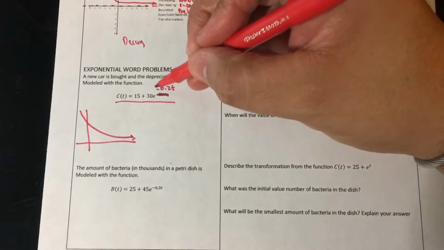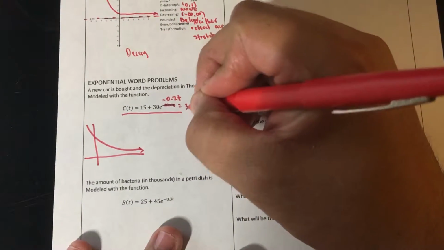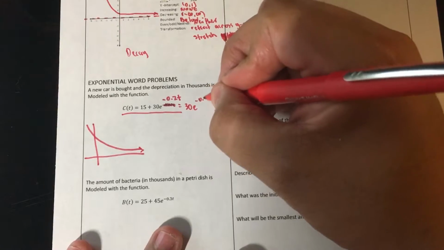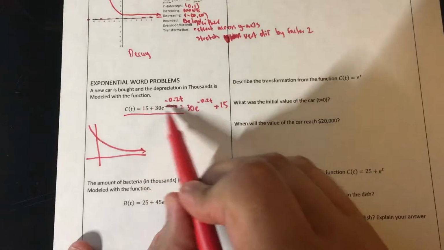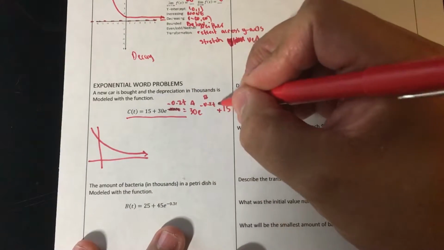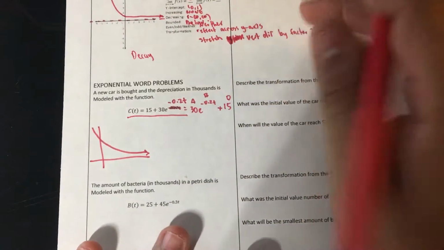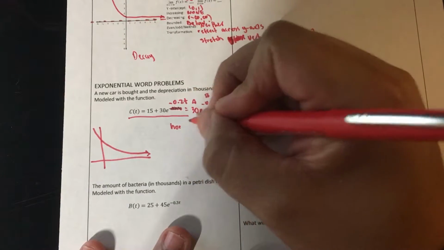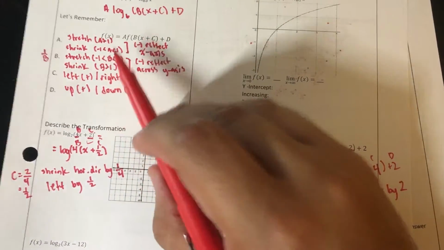I'm going to rewrite this as 30e negative 0.2t plus 15, because I just like having this number out here at the end. So I have a value for a, for b, nothing up here in the exponent, so no c, and this is d. What happened here is I am having a horizontal stretch, because the b value is between negative 1 and 1.